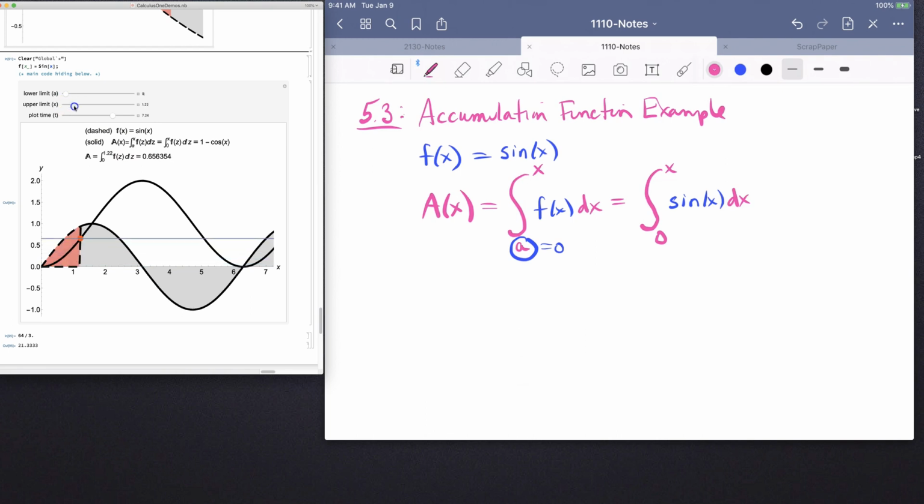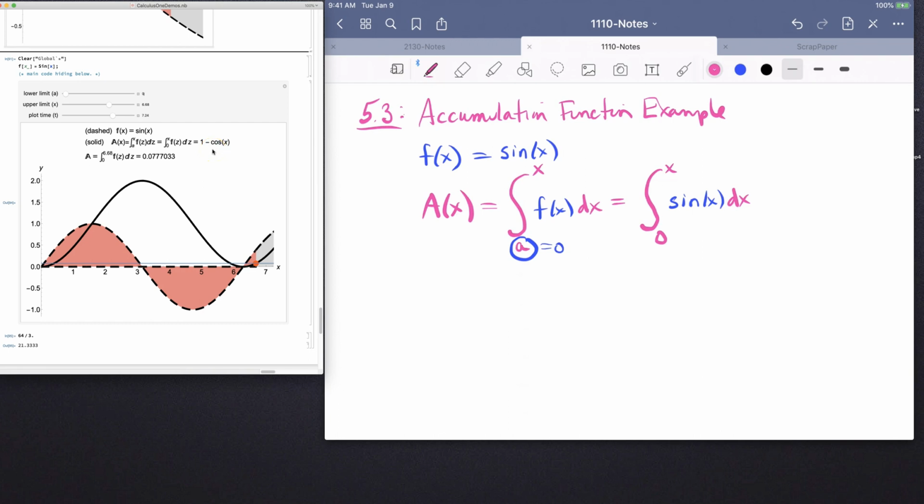That number should get bigger and bigger because we're accumulating more area until we reach a maximum of about 2, after which we start to accumulate negative areas. So we're getting 1.1, 0.98, 0.6, until we get to an area of 0. And then we pick up a little bit more positive area, so we're at 0.777. All of that is about the accumulation function 1 minus cosine of x.